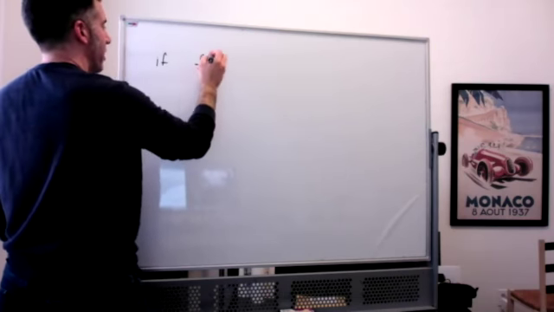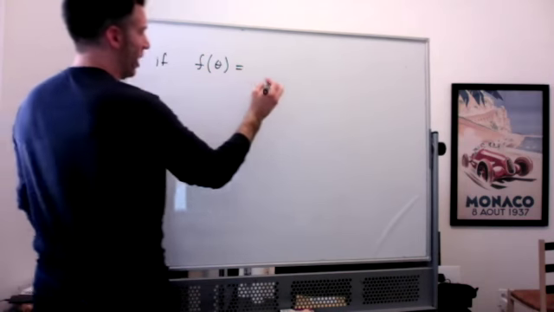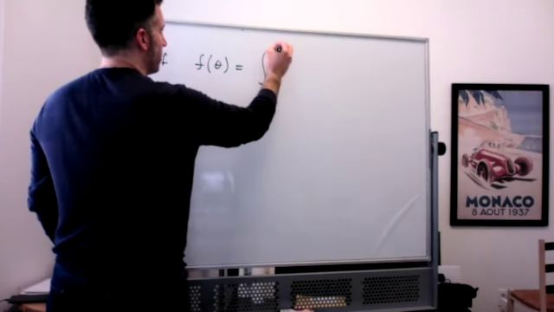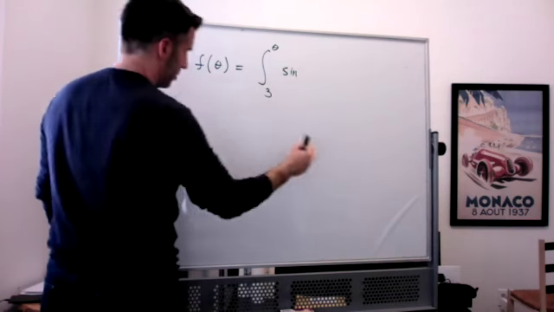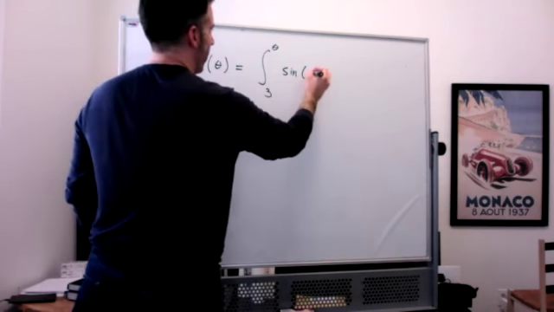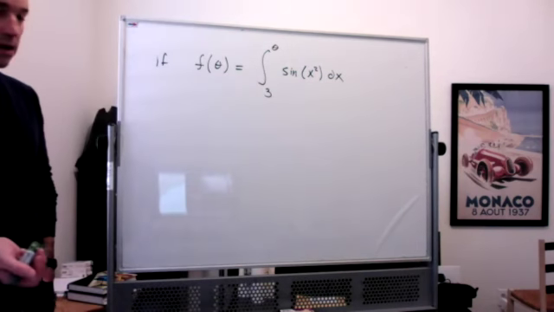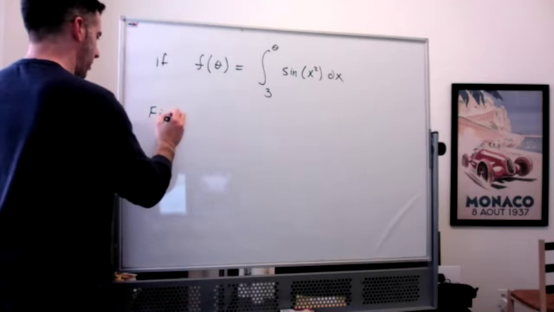If f of theta is equal to the integral from 3 to theta of sine of x squared dx, I want to find f prime of theta.